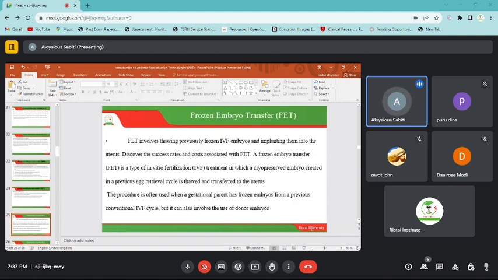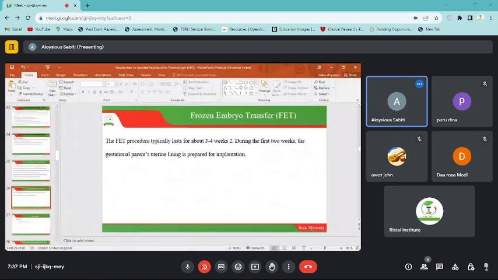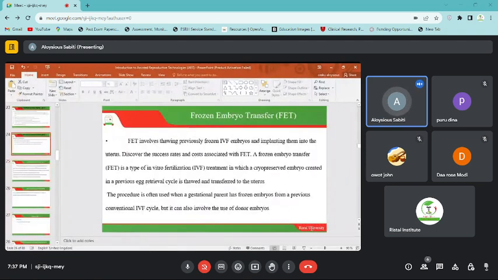So we looked at the frozen embryo transfer yesterday, and maybe just to take us through, it involves thawing previously frozen IVF embryos and implanting them into the uterus. The procedure is often used when the gestational parent has frozen embryos from a previous conventional IVF cycle.